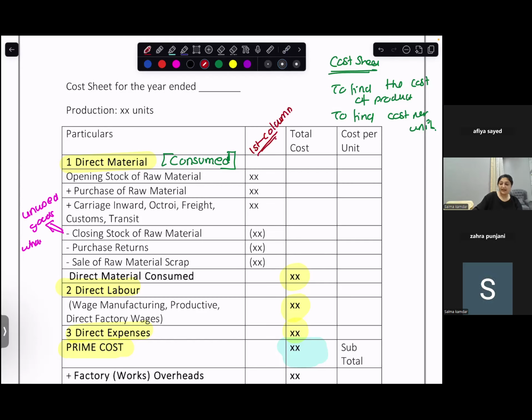What are the elements of direct material consumed? Opening stock of raw material. That means the goods of last year, which you are going to use this year. Add purchase of raw material.